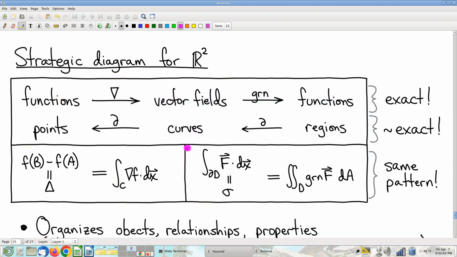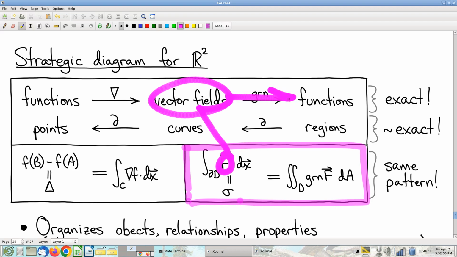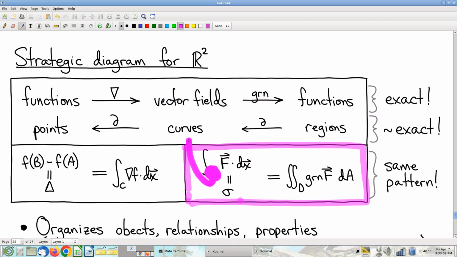Here, likewise, let's think about Green's theorem. Can I use Green's theorem to compute a line integral? Well, whatever vector field I'm given, I'm going to need to compute Green's operator. No problem. A little bit of calculus, a couple of partial derivatives. You can always do that. That's not a potential problem. The problem is I'm going to need my curve, my boundary curve for that line integral, to be a boundary of a region.